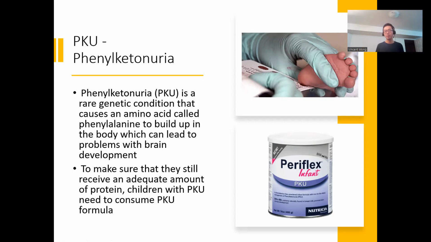And if they find out the baby has the condition, which is called PKU for short, phenylketonuria, then they have to go on a special diet. They can't drink the breast milk. Okay, they cannot use regular formulas. They have to have a special formula where they exclude the phenylalanine in the mix. Does that make sense? Okay, so that's a genetic condition.